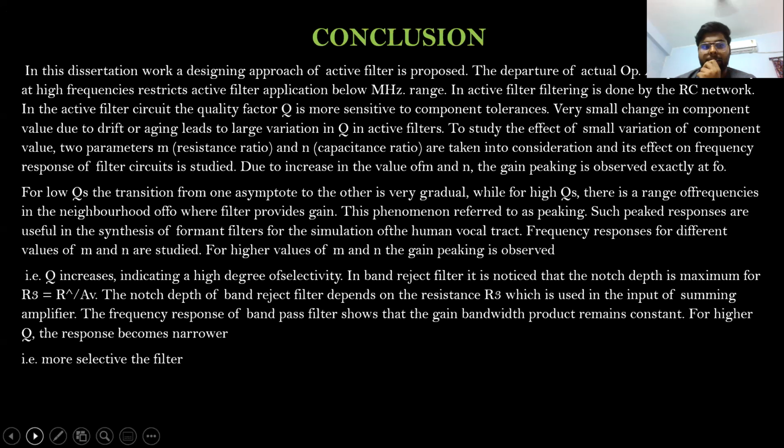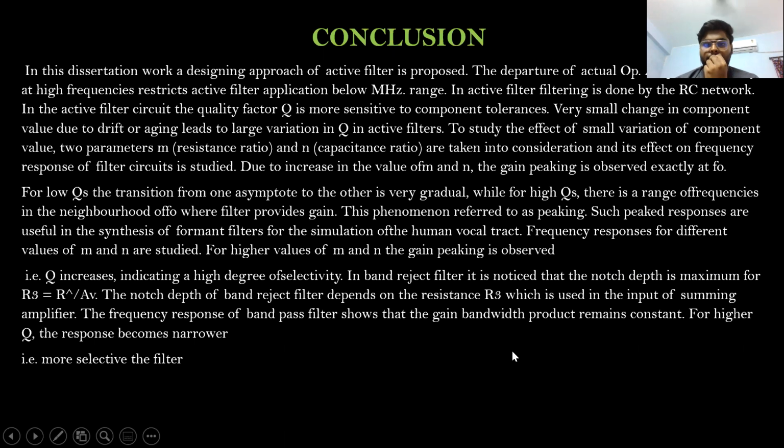In the active filter circuit, the Q factor is more sensitive to component tolerances. A very small change in component value due to drift or aging leads to large variation in Q factor in active filters.